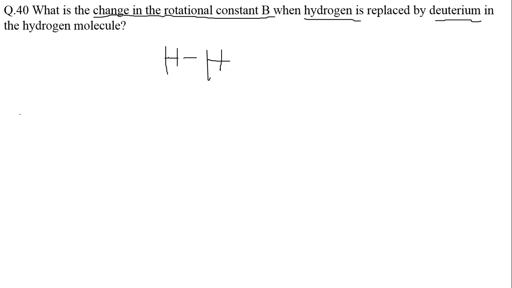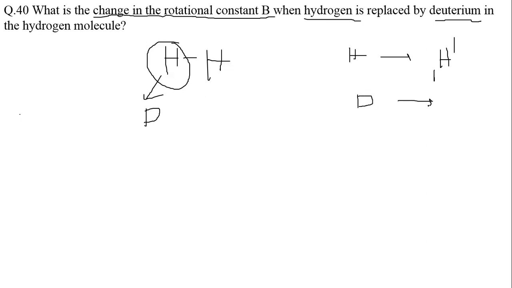When you replace this hydrogen atom by deuterium, D, you know hydrogen is 1H1 but deuterium is 1H2. So the masses of hydrogen and deuterium are different, and the rotational constant B depends upon mass.